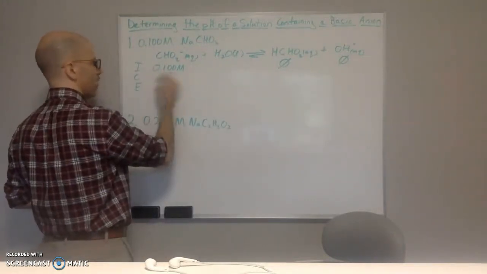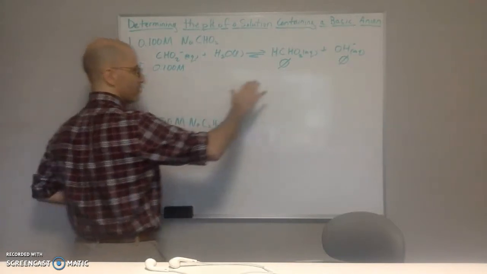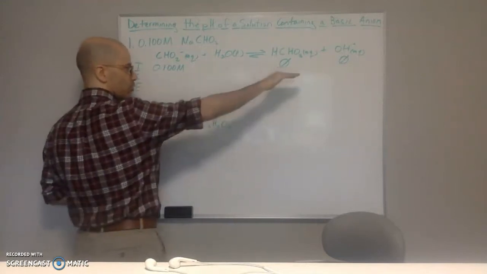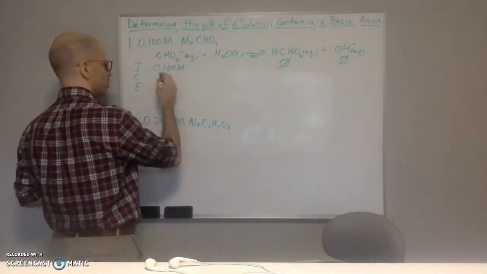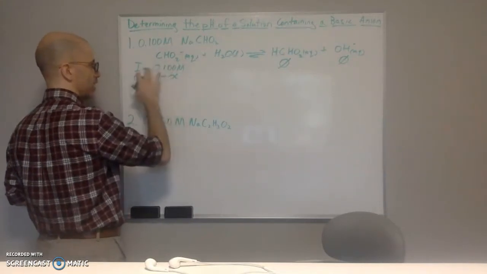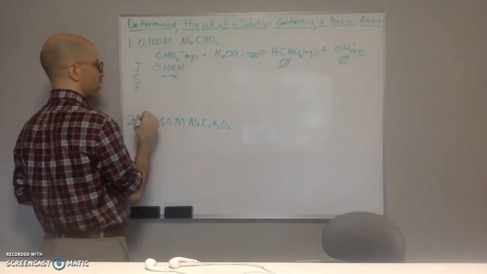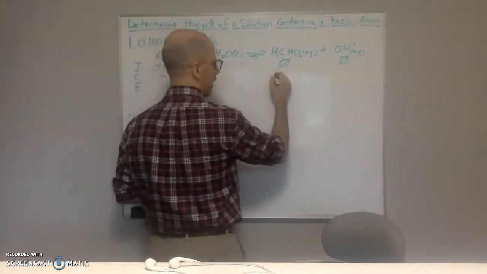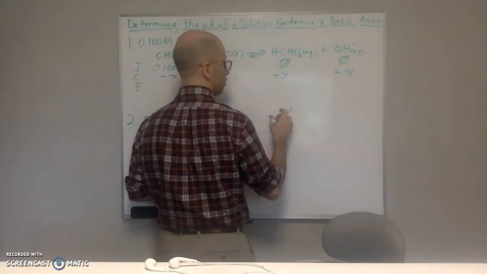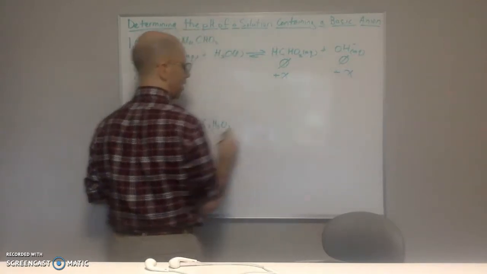Our change, since we have 0 over here, Le Chatelier's principle says it's going to move in that direction. So we're going to lose some of our reactant here, our base, and we're going to gain that amount in terms of these two, in terms of x.